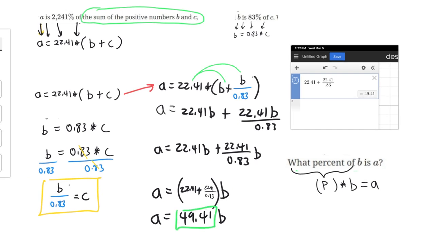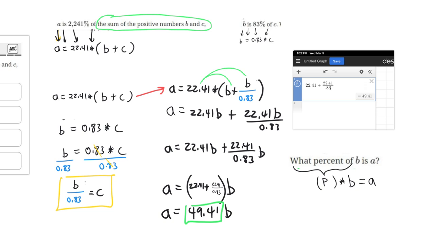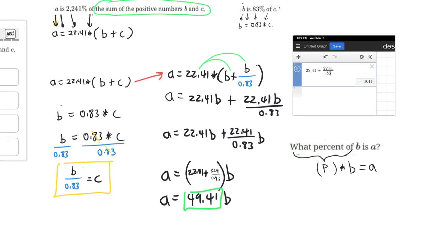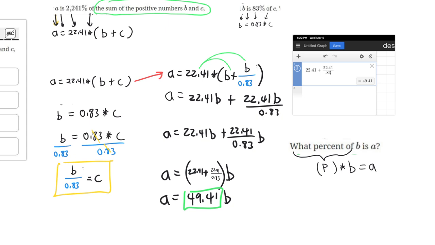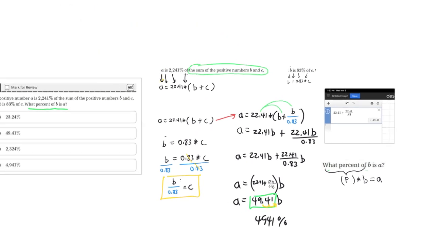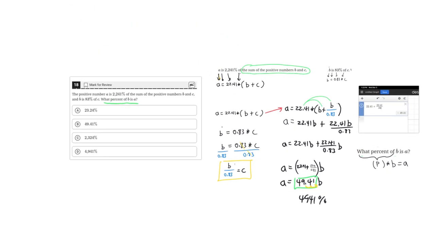It's this. But remember, that's the percent as a decimal. So in order to turn it back into a percent, you must move the decimal 2 times to the right. So the percent would be 4,941%, and that's right here.